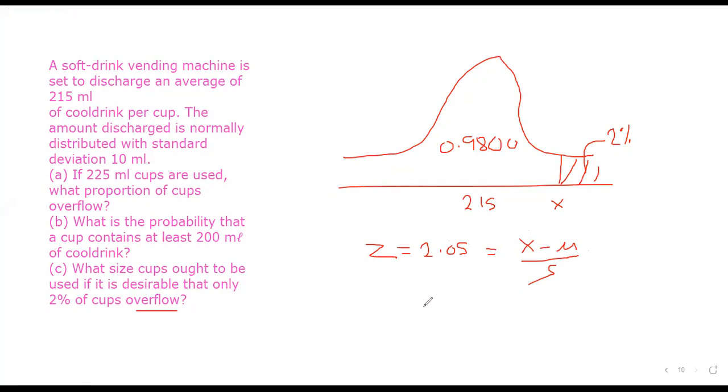Our x we don't know, our mean is 215, our standard deviation is 10. I'll give you a minute to calculate the value of x. What is the value of x? Calculate.